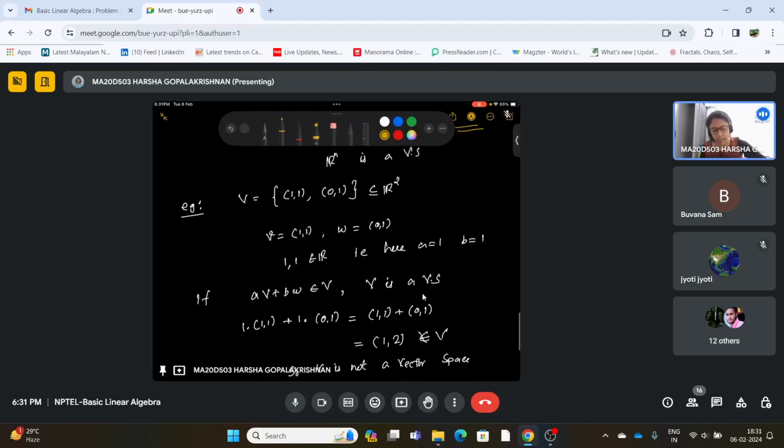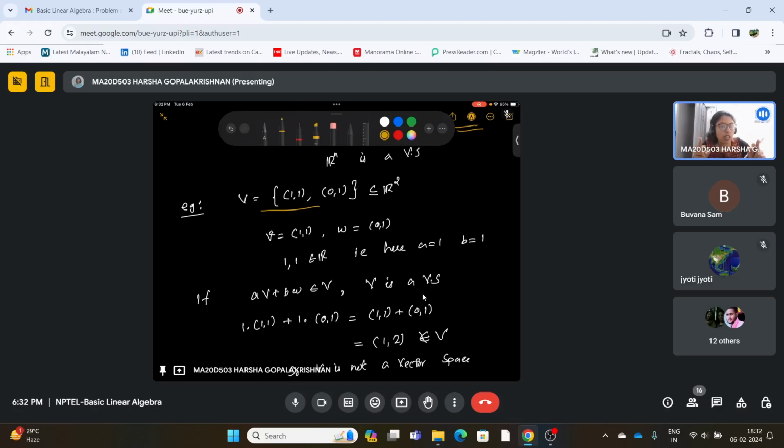Now we are considering a subset of R2 like this: V equal to {(1,1), (0,1)}. This means only two elements are in the set V. We need to check whether V is a subspace or not. This is actually not a subspace. If it is not a subspace, what do we need to prove?